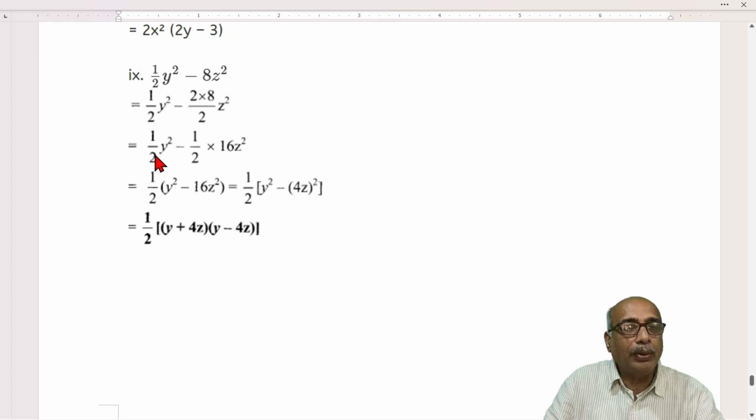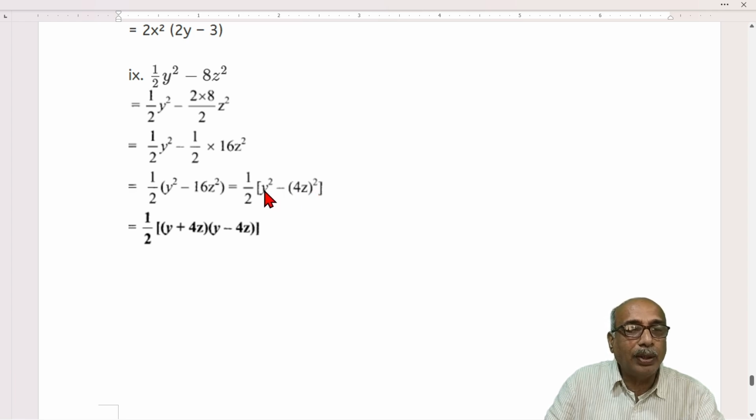So 1 by 2 taken common. What is left? Here y square minus 16z square. 1 by 2 we will take common here. So 1 by 2 into y square minus 16z square. And 16z square we can write as 4z whole square. Simplify like this.